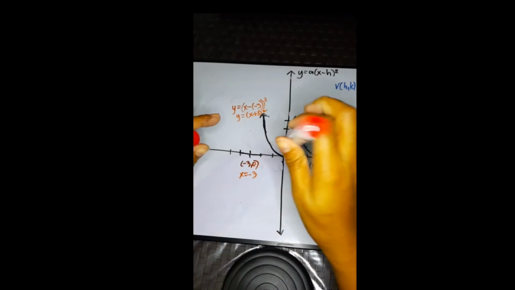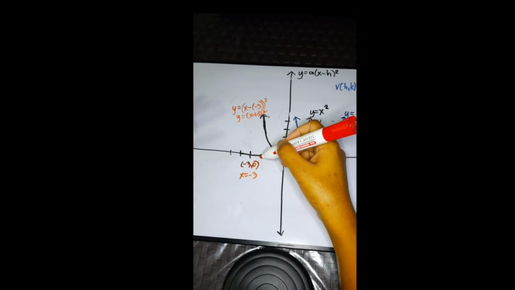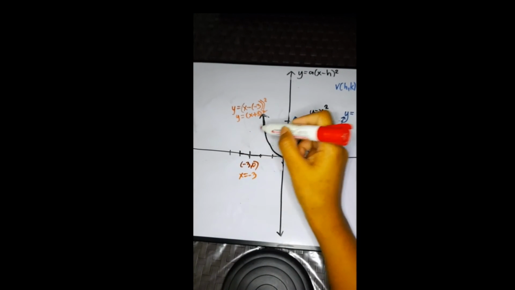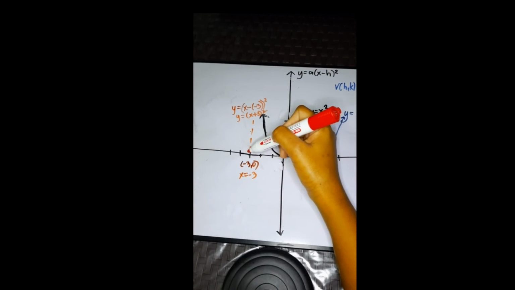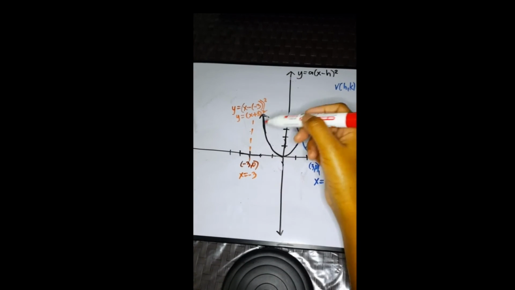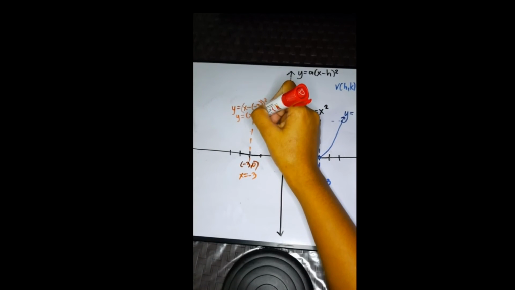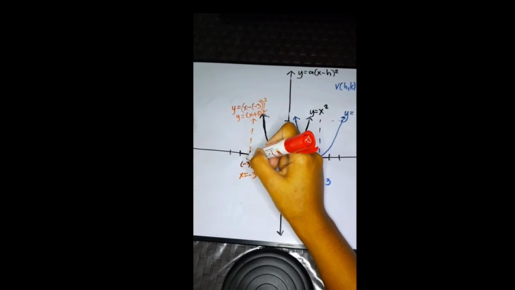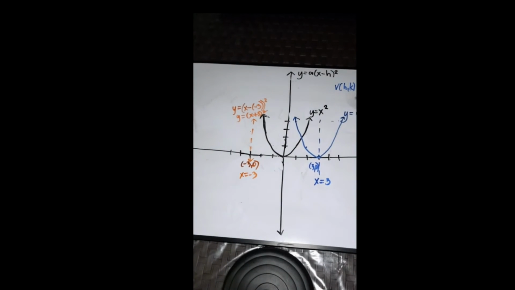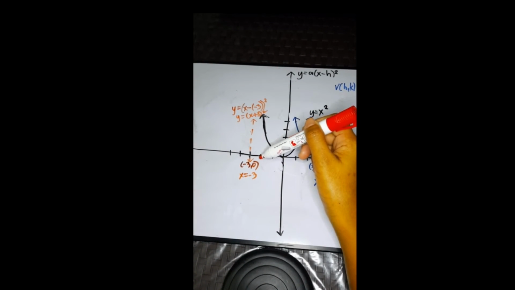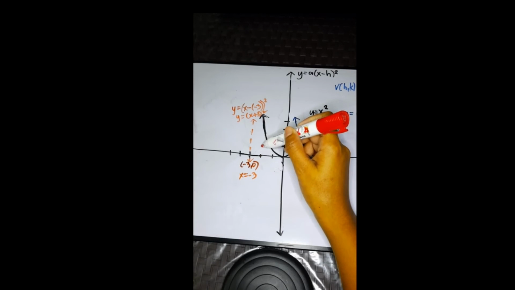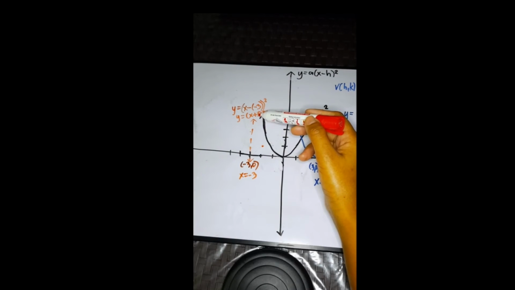Okay? So, let us complete our graph. So, ito na yung axis of symmetry natin, like what I've told you. Okay? Yan na yung axis of symmetry. Let us draw an arrowhead here. Arrowhead din dito. Okay? Then, if x is negative 2, our y is 1. If our x is 1, our y is 4.